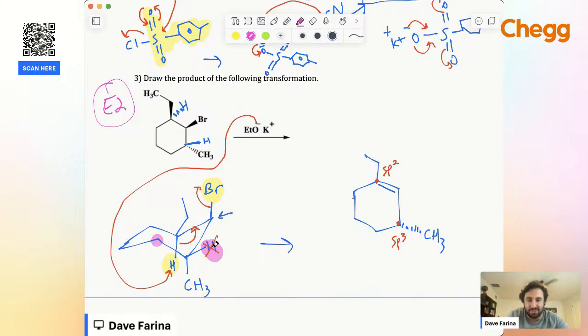And the equatorial position can never be anti to any other substituent because it's anti to the ring itself. So we're not going to be able to form a pi bond from that position. Yeah, it's anti to the rest of the ring.